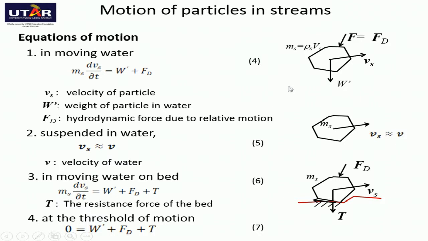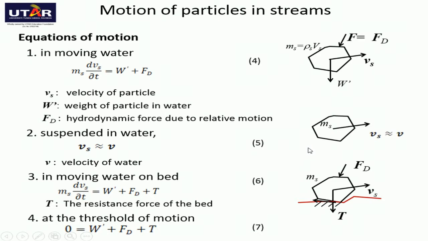When the particle is very small, W prime is very small, then the particles move at the same velocity as the fluid, and Fd, which is caused by the relative motion of the particle in water, becomes 0. So the equation becomes like 5.